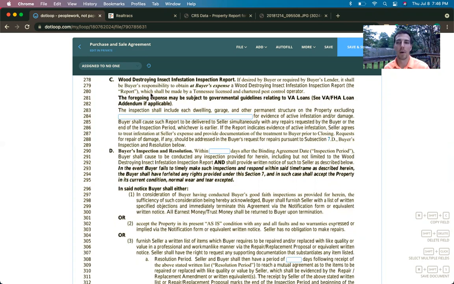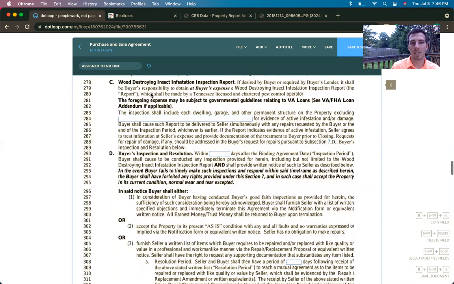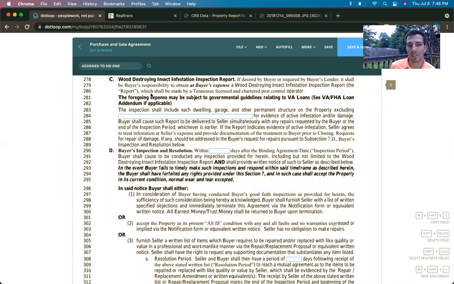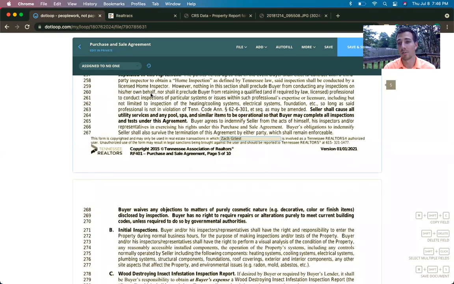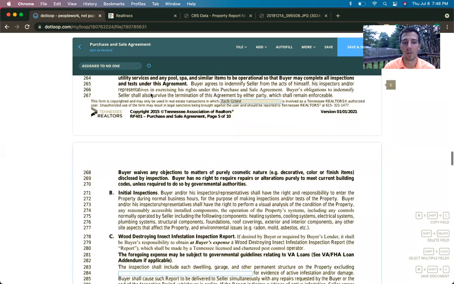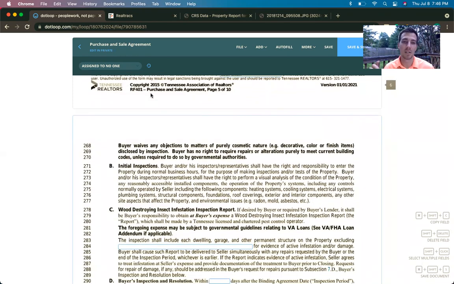Hey, should my buyer get a wood destroying insect infestation inspection report? So always ask your lender. They typically cost probably between 75 to 150 bucks. A regular inspection can cost several hundred dollars. I've seen them as low as 350. I've seen them as high as $700 for a full inspection.